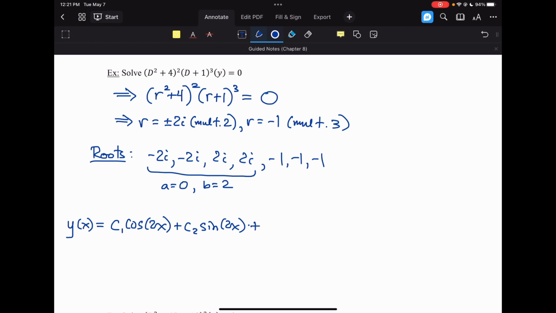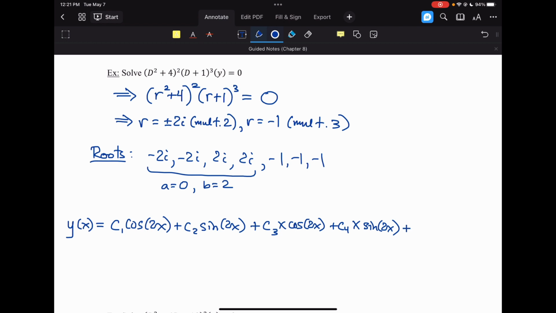But then for the repeated roots, we just introduce a factor of x in front of each one. So that's c3 x cosine of 2x plus c4 x sine of 2x. Okay, so these two are repeated roots. Those two are repeated roots.